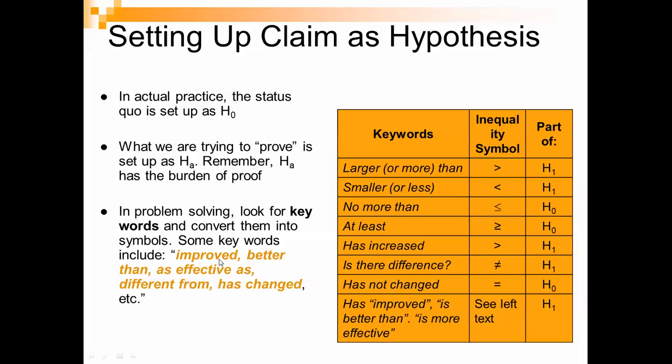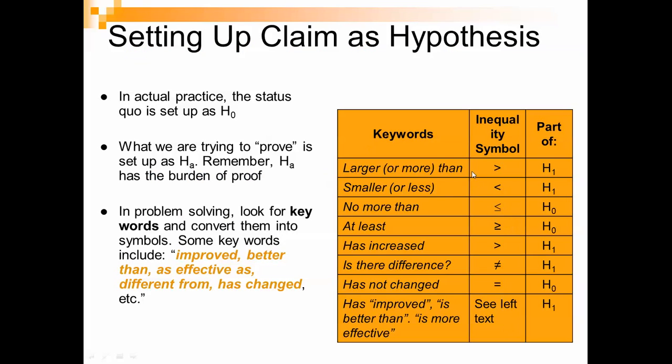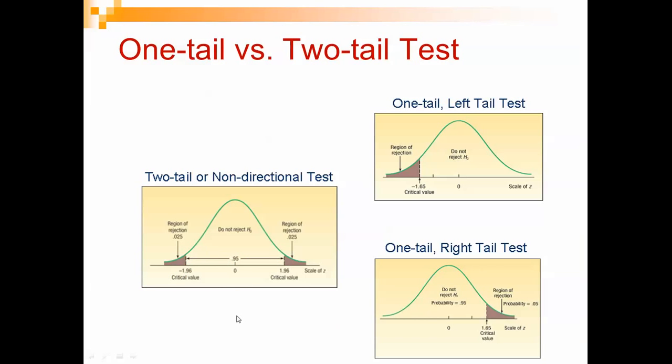There are one-tailed tests and there are two-tailed hypothesis tests. So a one-tailed test is what you use when you have an inequality symbol, and the two-tailed test is what you come up with when you have an equality symbol. The one-tailed tests are considered directional tests, more than or less than.